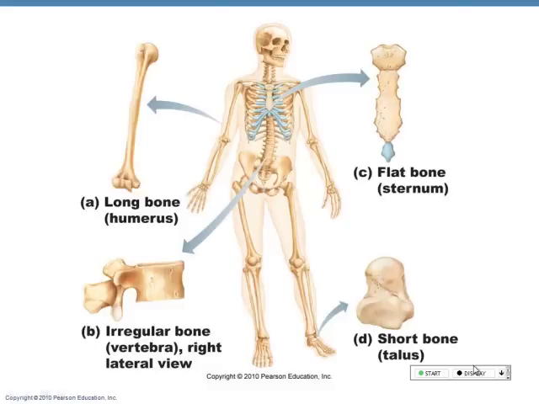The other classification is flat bone. A good example is your sternum. Flat. Another one? There's a whole bunch of them we're going to find out. The cranium. Flat bone. It's like a bone sandwich. We'll talk about that in a minute.